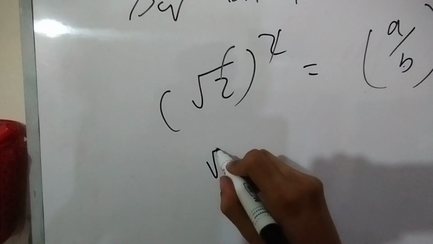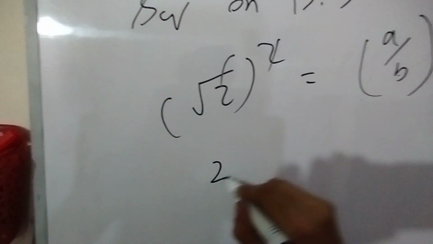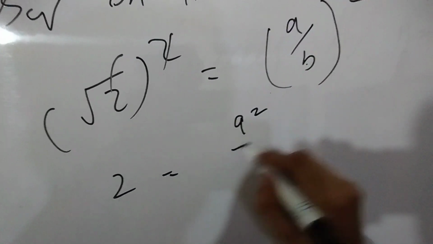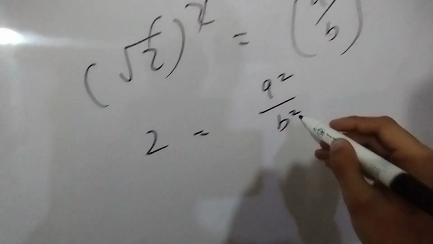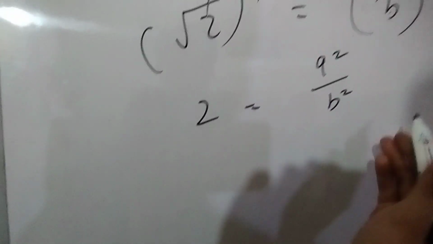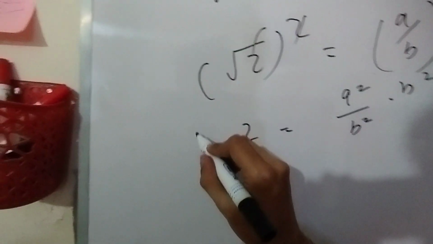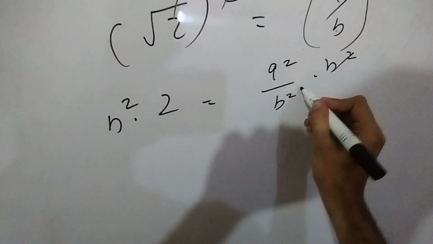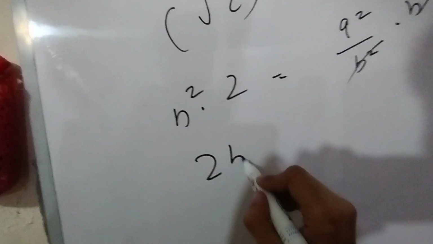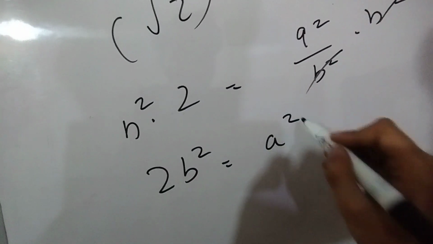Square root cancels square, so this would be 2 equals a squared over b squared. Now we are going to take b squared to the other side, so we multiply by b squared on both sides. This cancels. I'm not skipping any steps, so it will be as easy as possible.